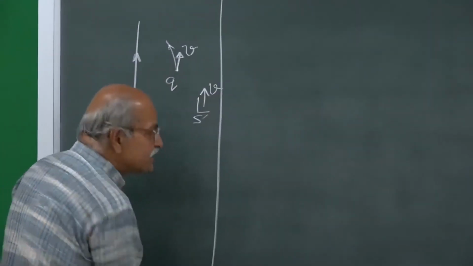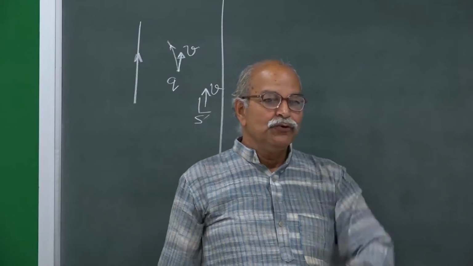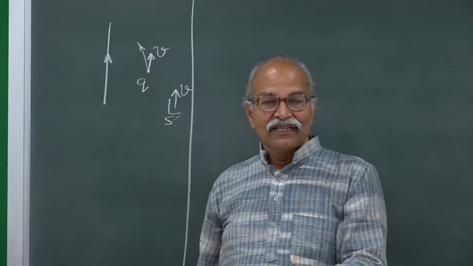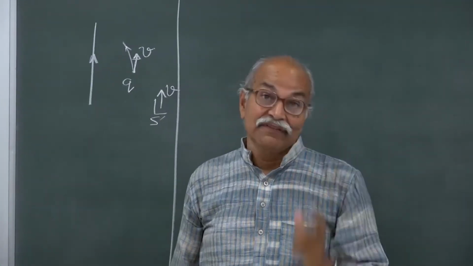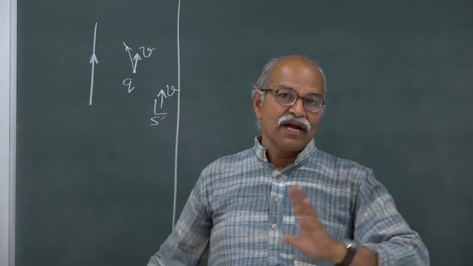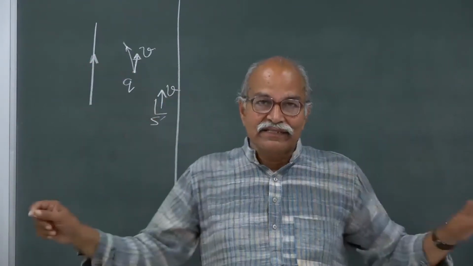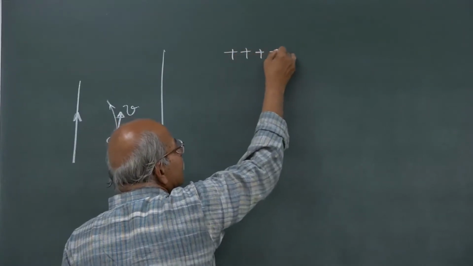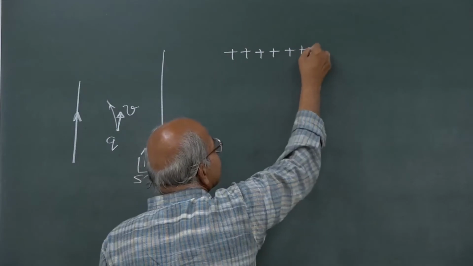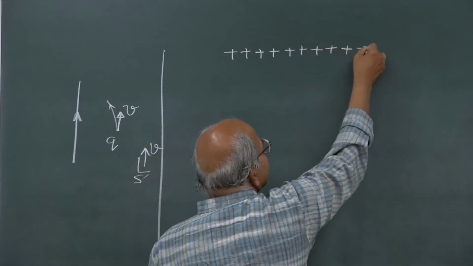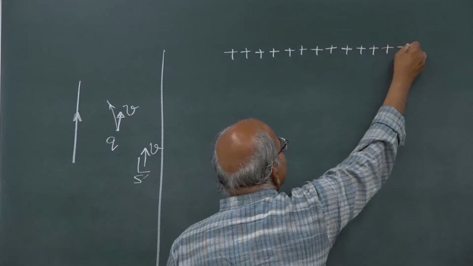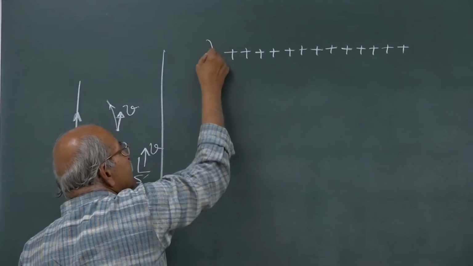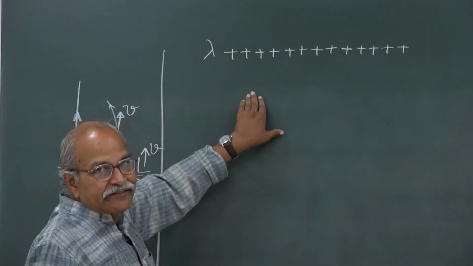The essential fact is that if you have electrostatics and you have relativity, the magnetism comes out of this. Suppose I have two line charges. Suppose I have a positive charge line, a long line charge of positive charges, and suppose the linear charge density is lambda here.